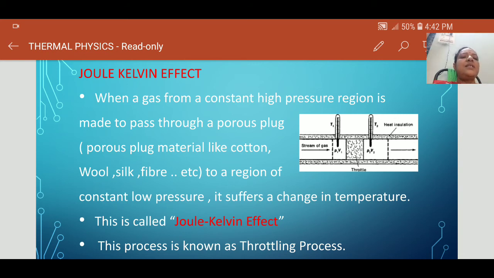Just to recall, we define the Joule Kelvin effect as follows: when a gas from a constant high pressure region is made to pass through a porous plug to a region of constant low pressure, it suffers a change in temperature. This is known as the Joule Kelvin effect.